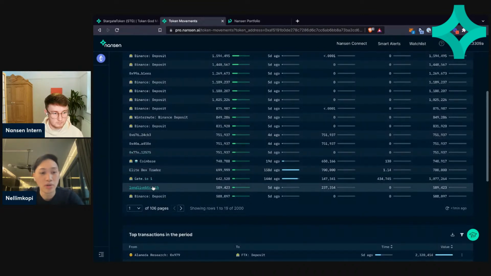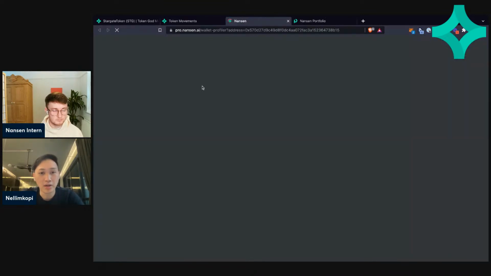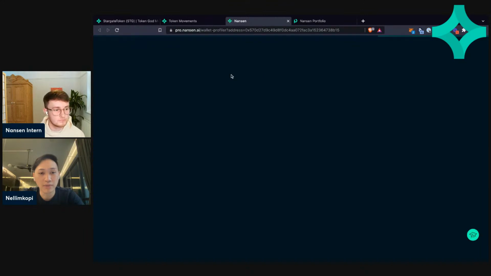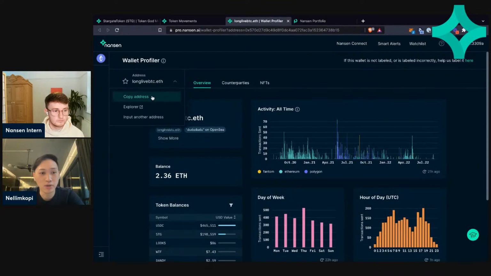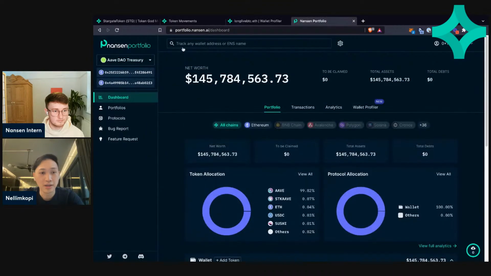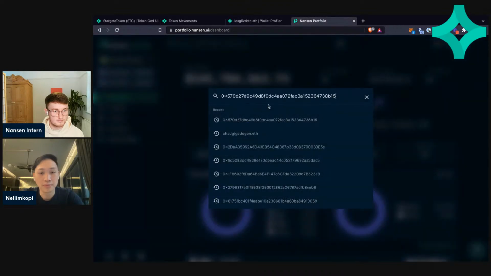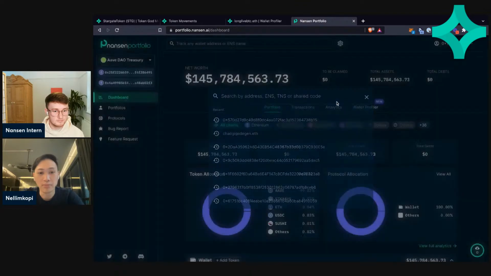I can click on it and it'll open up Wallet Profiler for the token. And I'll use Nansen Portfolio together with this. I'll copy the wallet address and head over to Nansen Portfolio and plug it in.